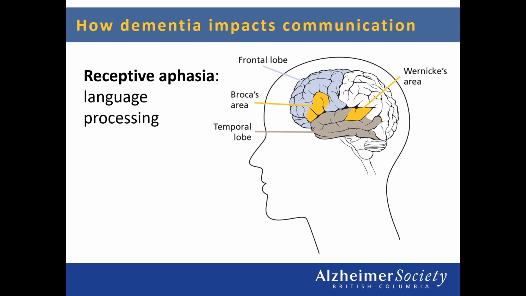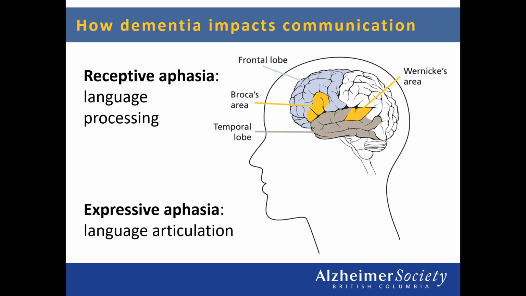After the information goes to Wernicke's area for comprehension, it then flows toward the front of the brain to Broca's area, which is responsible for speech production. People who have damage to this area of the brain have expressive aphasia, or difficulty with speech production and language articulation.